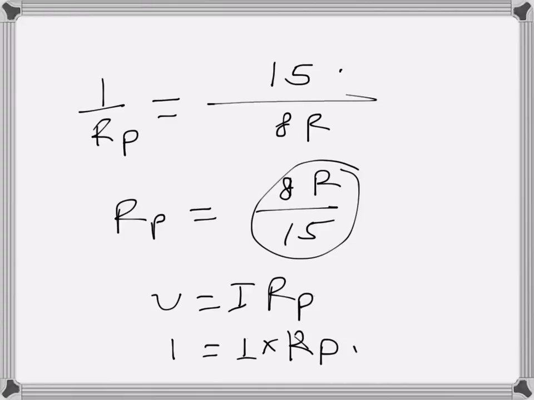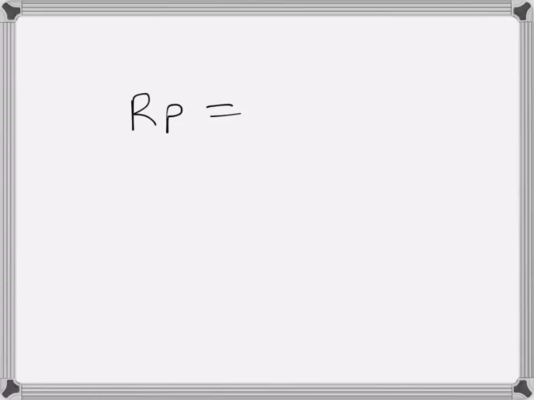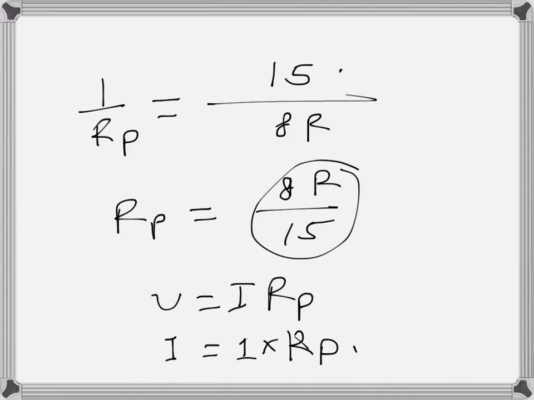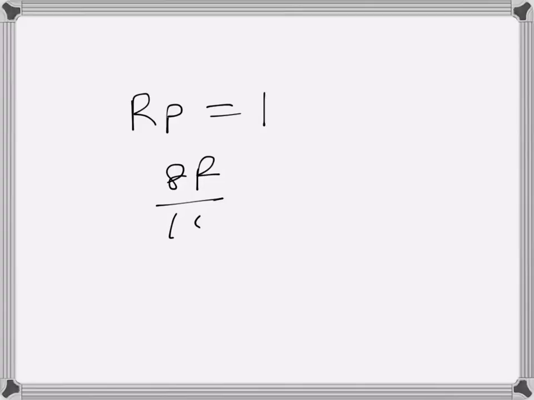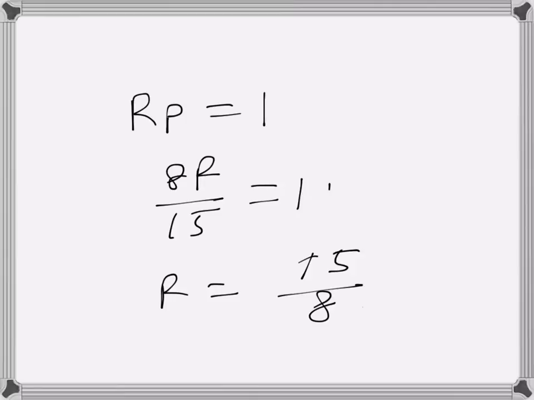So Rp is equal to 1, because I have written the value of I and V, which are both 1, but I is given in milliamps and V is given in volts, so the resistance is in kiloohms, so that's fine. So 8R over 15 is equal to 1, and R will be 15 over 8. So that's the value of R, which is R1.